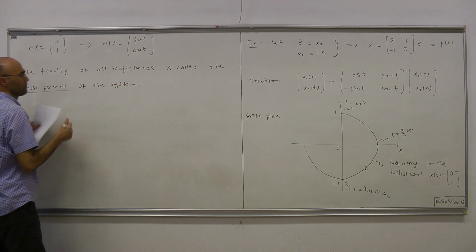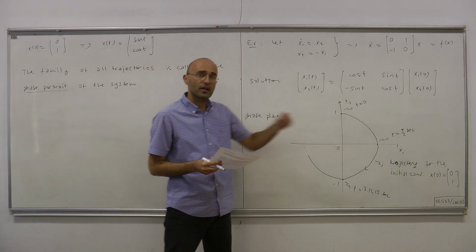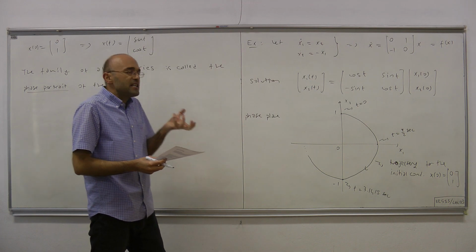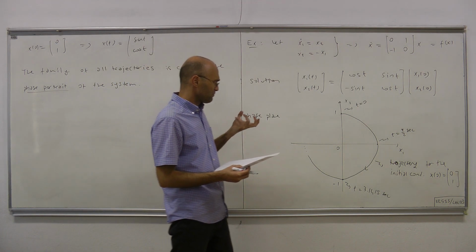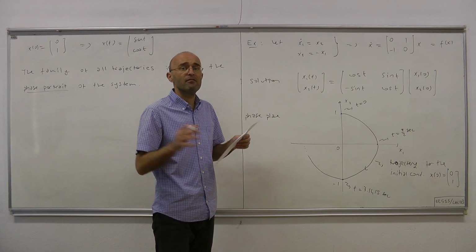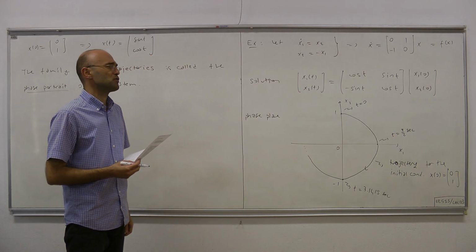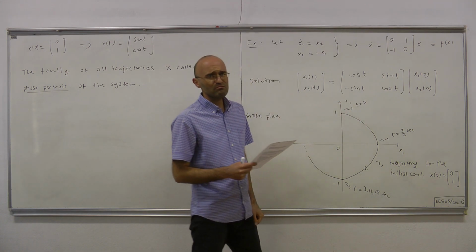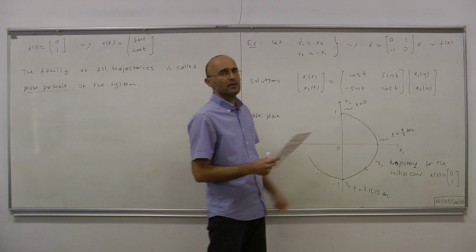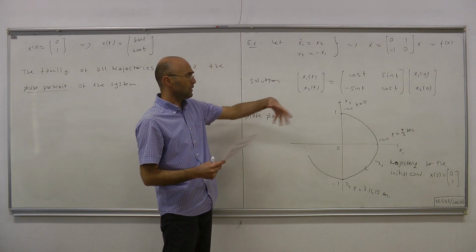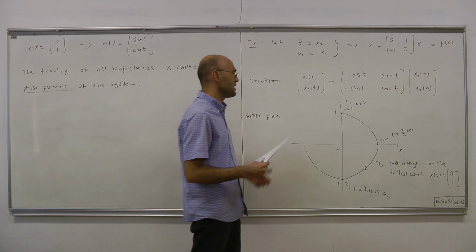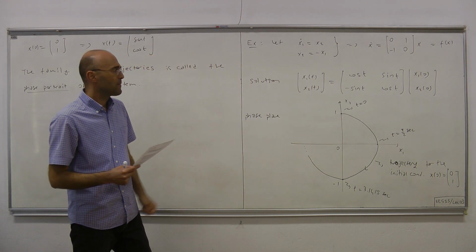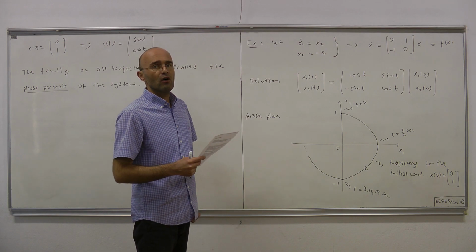So this is just one solution, and it tells us something, but it's usually not enough to understand the general behavior of the entire family of solutions. So what we do is we place some other trajectories along the x1, x2 plane, and all those trajectories together give us an idea, visually, what's the general behavior of the system.